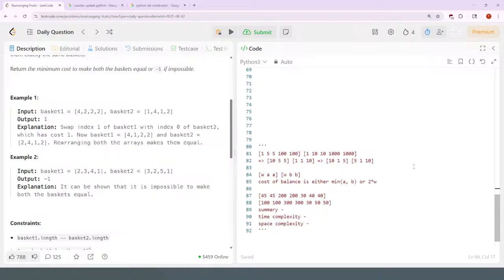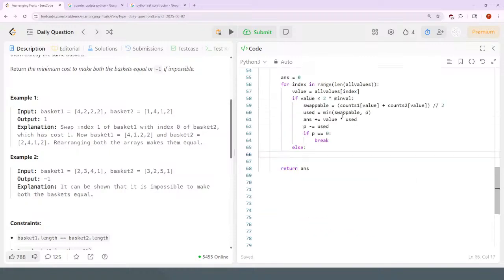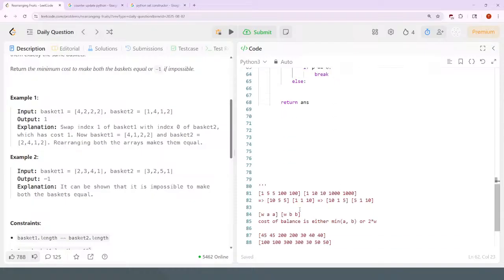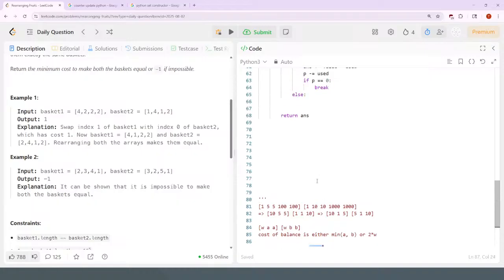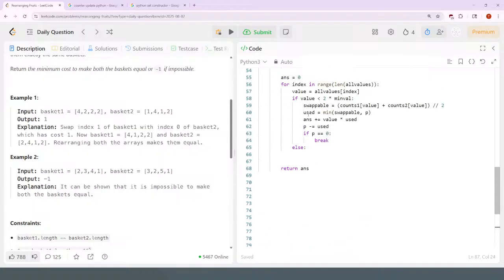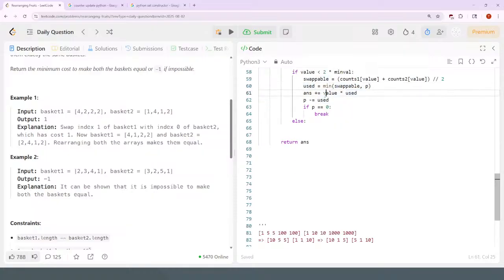So I think for every remaining, actually, so there's 2 40s, then I said swappable is 1, so use is 1. So I used one of the 40s, but the number of unbalanced pairs is actually 2 times used.